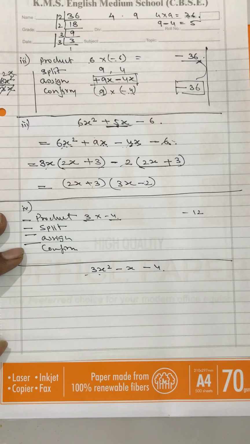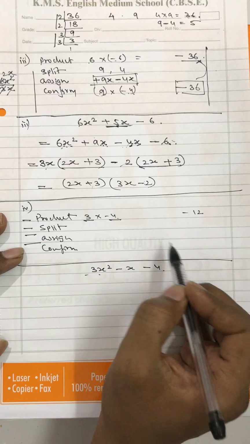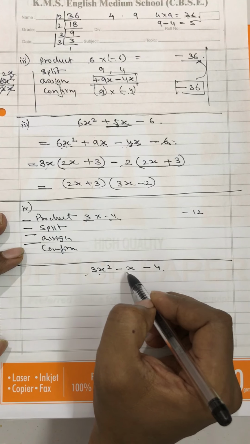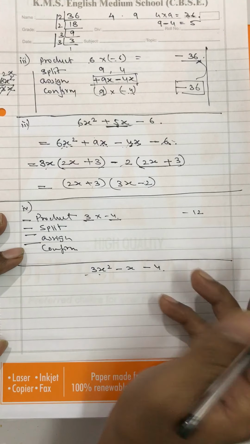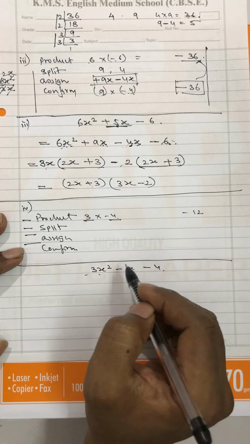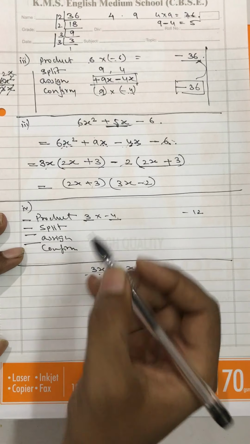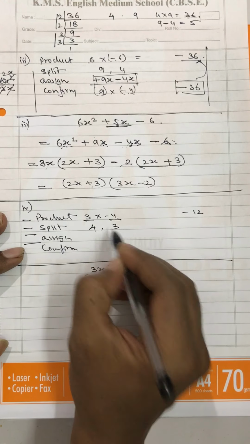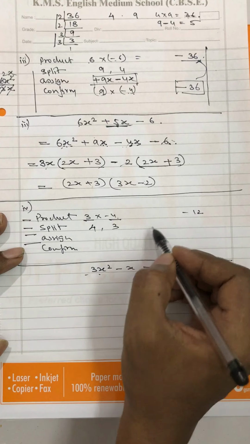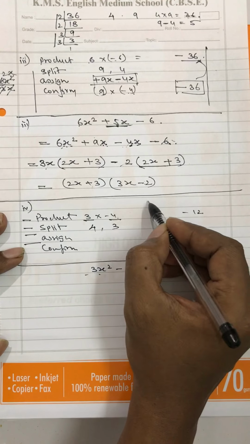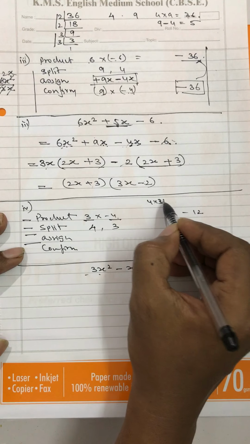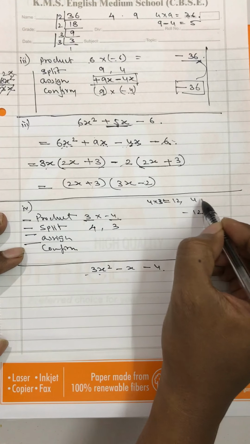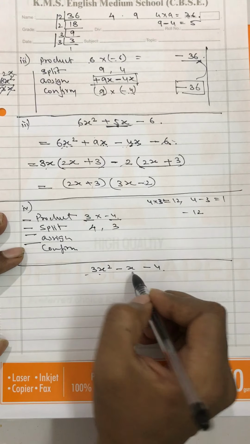Now you have to discover the numbers such that the multiplication will be 12 and the addition or subtraction is going to be the middle number, that is 1. You can very well make out that it is 4 and 3. If you see, 4 3s are 12, and 4 minus 3 will give me 1.